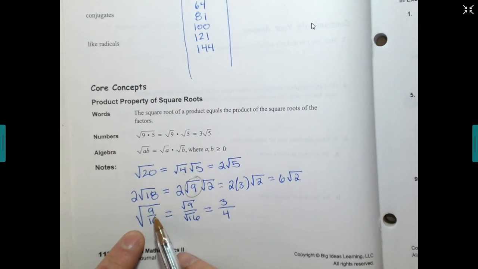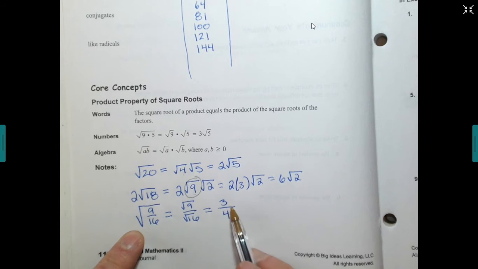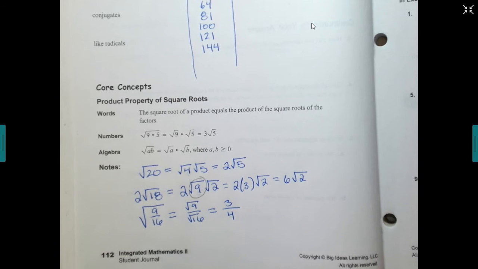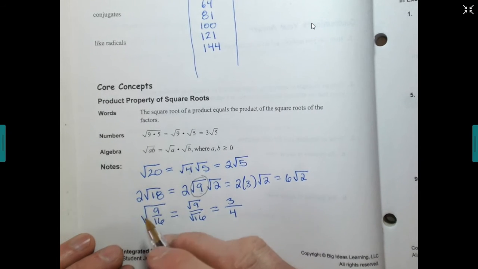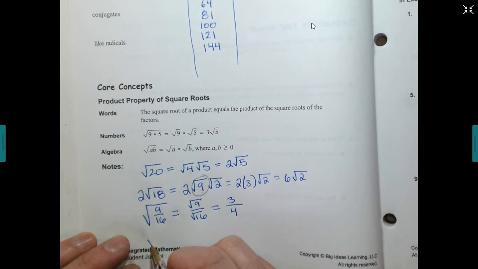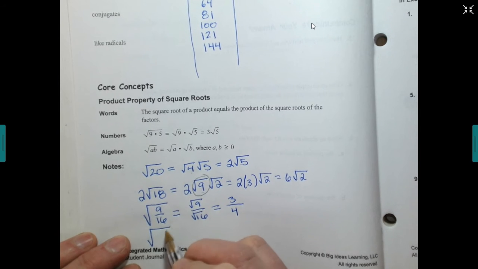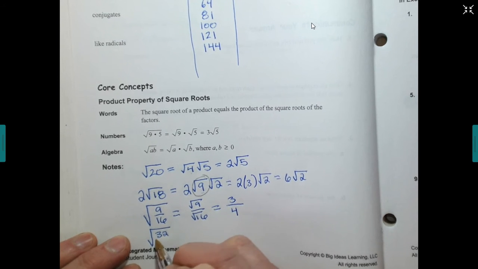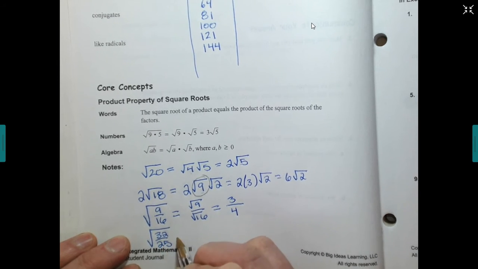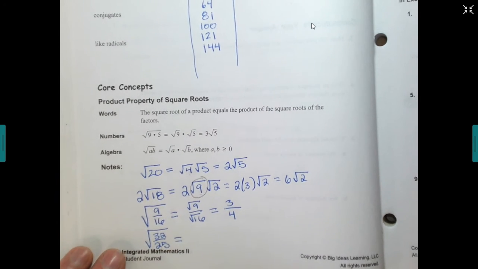And so the square root of 9 over 16 equals 3/4. What if it doesn't come out so perfectly? Let's do one more. Let's see the square root of 32 over 25.